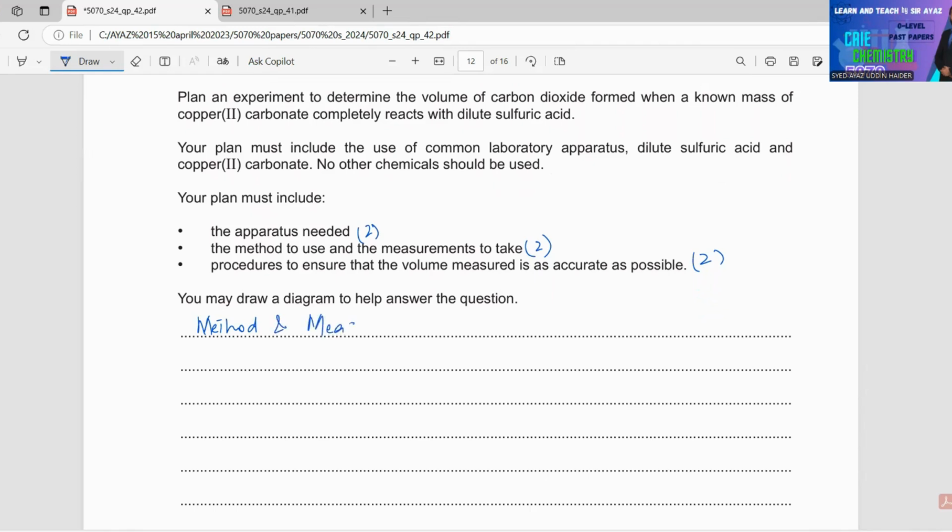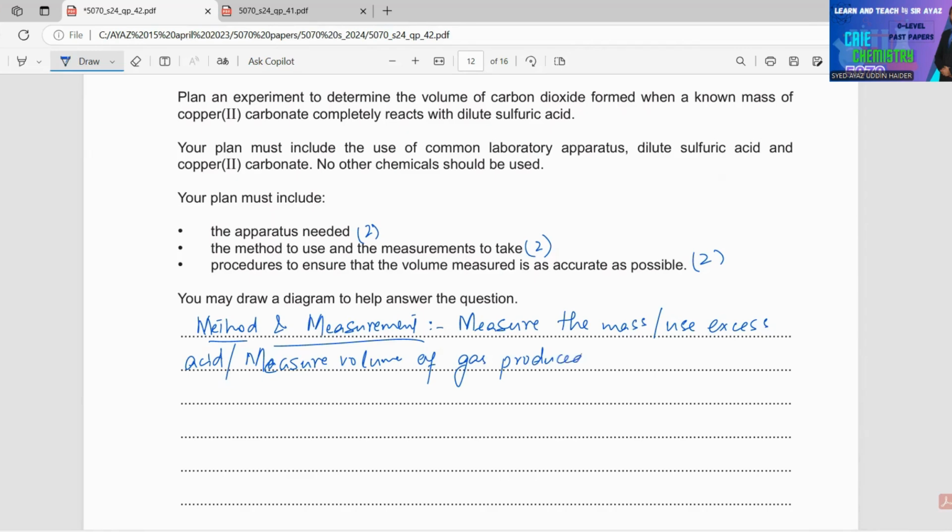For method and measurement, any two from these: measure the mass, use excess acid, measure the volume of gas produced, mention the name of the container, use a cork in the reaction container.